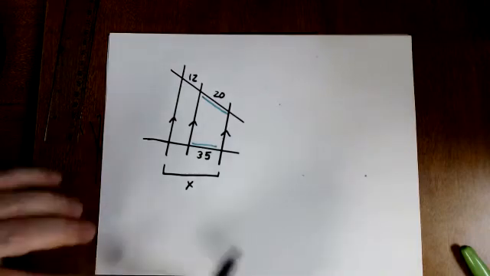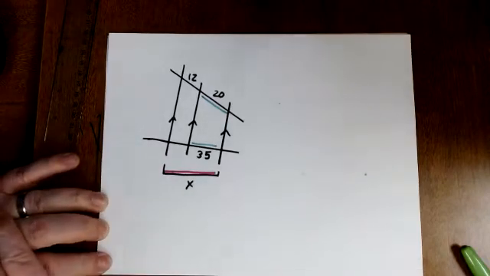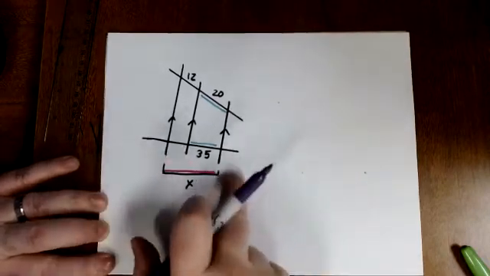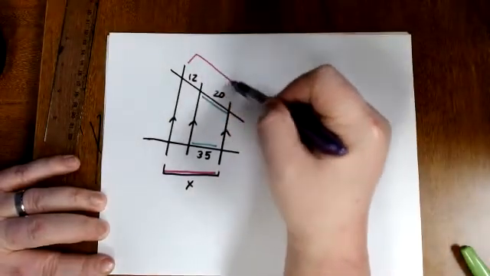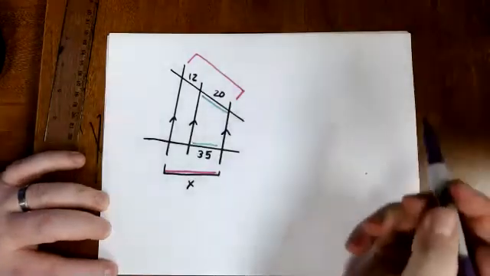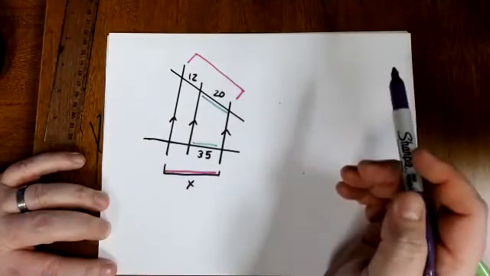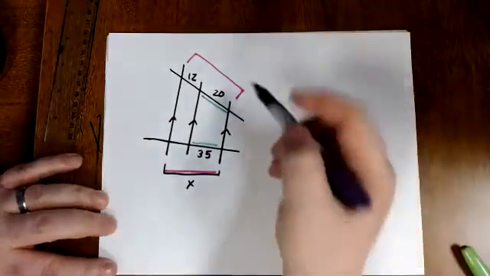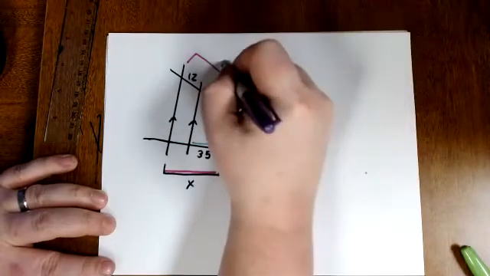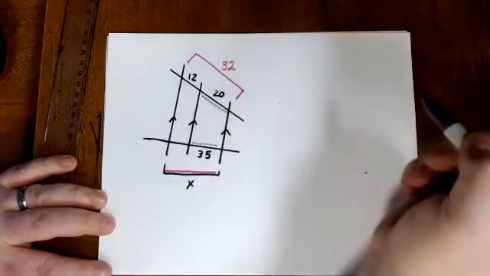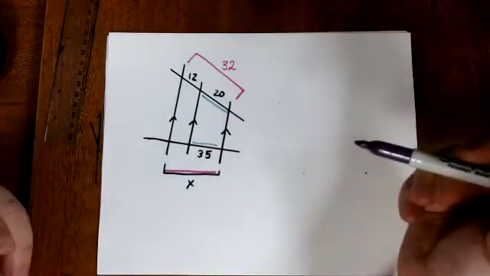All right. So now we got to figure out what to match the x up to. And the x is talking about the whole thing. So I need to match it up with the whole thing. How big is that one? 32. Right, because it's 20 and 12 put together, which makes 32. And you see, now I've got things to match up with things.